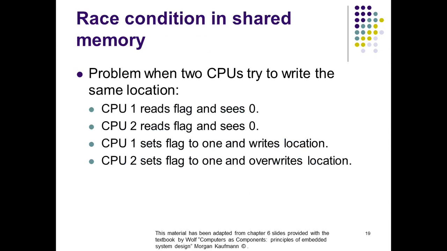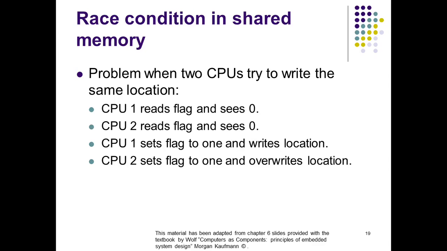And the problem is known as race conditions in shared memory, where you have both CPUs trying to write to the same location. In this protocol, you first have to check a flag: am I allowed to write to it? Then if yes, you can write to it. So the first CPU checks it, says, oh, it's free. The second CPU comes in, or a second process preempts the first, says, okay, I can write to the shared memory as well.